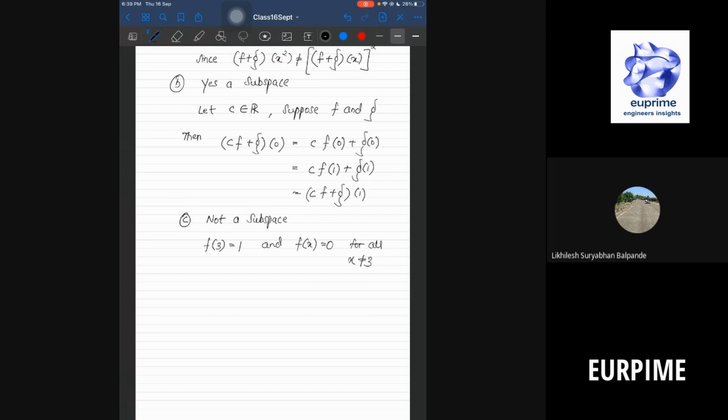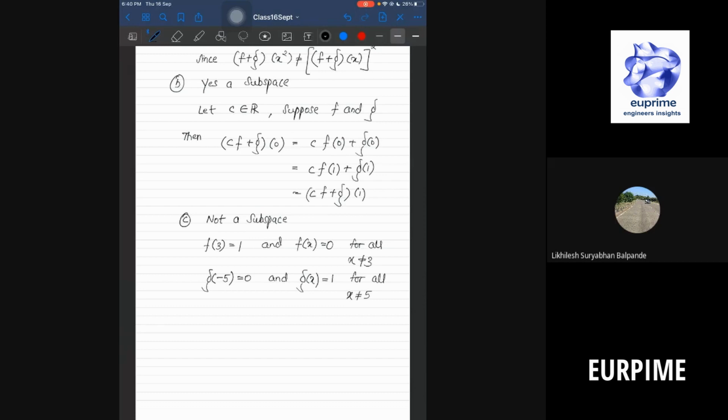Let g of x be a function defined by g of minus 5 is equal to 0 and g of x is equal to 1 for all x not equal to minus 5.